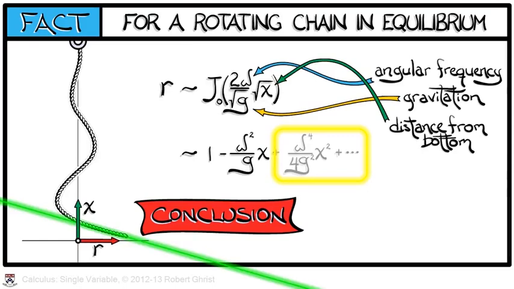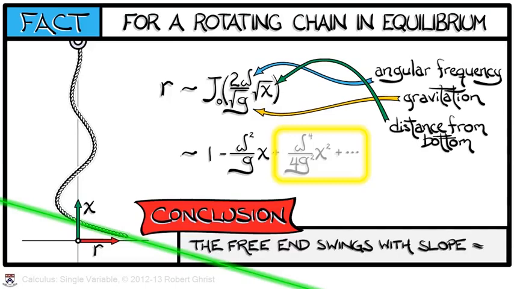R is proportional to 1 minus omega squared over g times x. That tells you something about the slope at the end of the rope, namely that this free end is swinging with a slope that is proportional not to omega, the angular frequency, but to omega squared. The faster you spin it, the more the slope changes. And we can say exactly what rate that change is. It's quadratic. You can try this at home with a piece of heavy rope or chain.